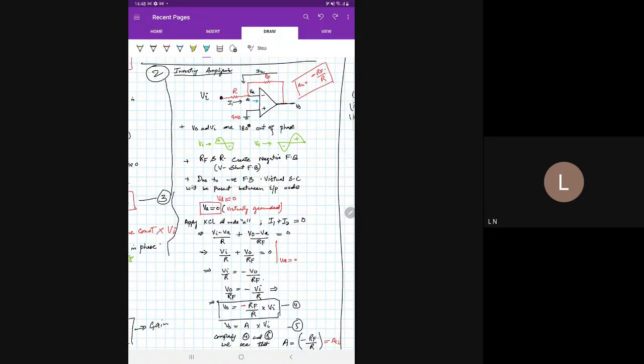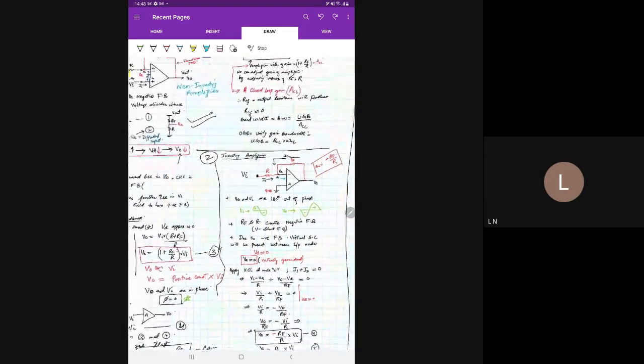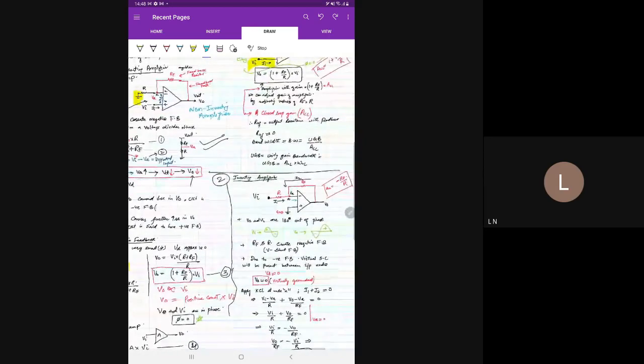Inverting amplifier. In the inverting amplifier, the circuit looks quite similar to the non-inverting amplifier. If we compare the non-inverting amplifier and the inverting amplifier, you will see that you have an operational amplifier here, and this is an inverting amplifier using an operational amplifier.